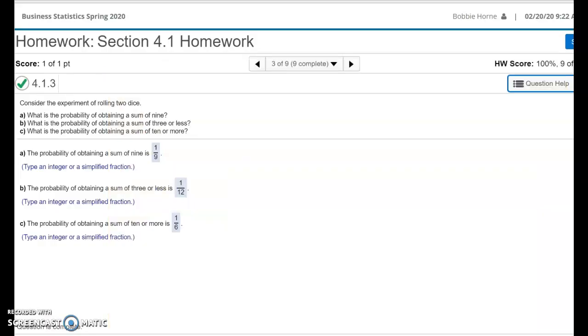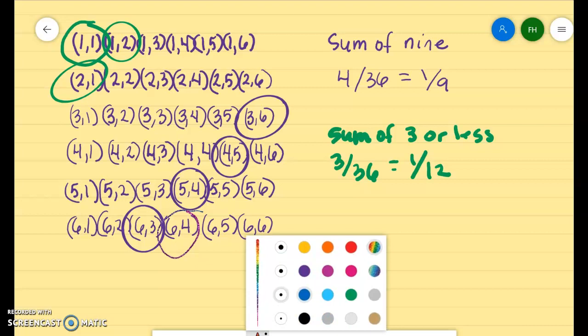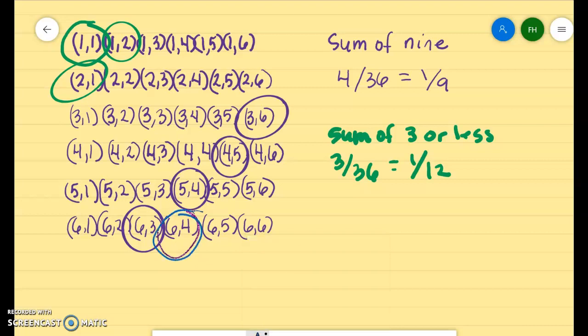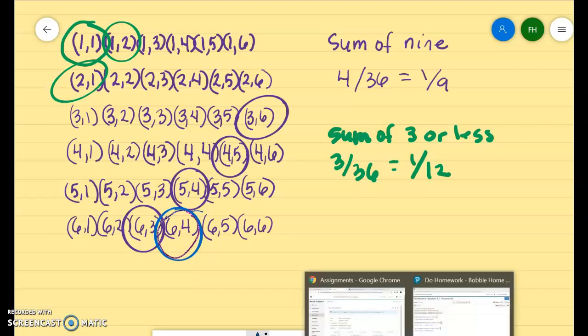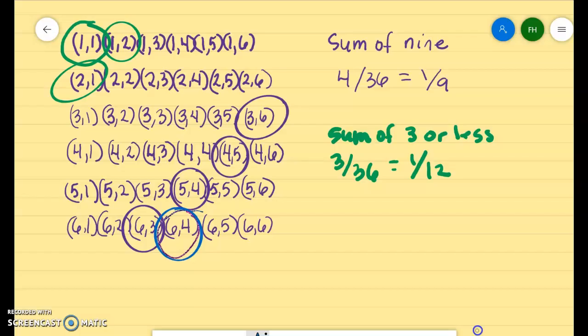Okay. For the last part, the probability of obtaining a sum of 10 or more. So a sum of 10 or more would be 6 plus 4. I have to look back at it. Okay, 10 or more. I forgot that quick. 6 plus 4, 6 plus 5, 6 plus 6.